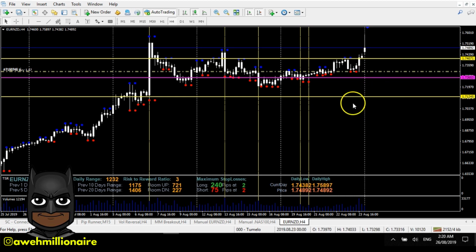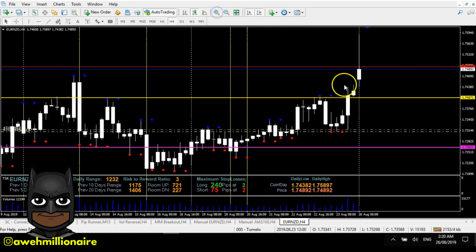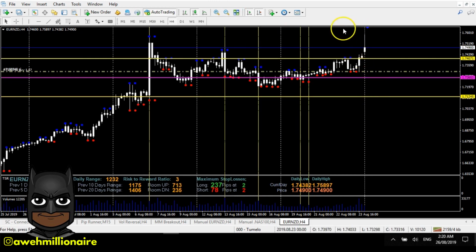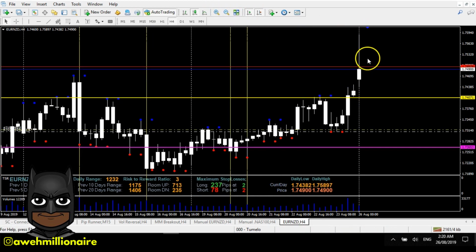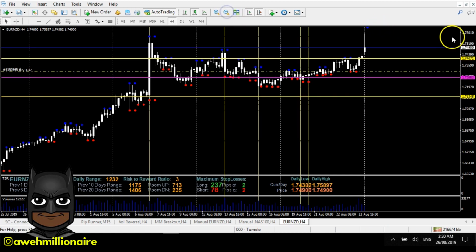As you can see here, the trend is still continuing to go up, and price has blasted through that zone. So now my stop loss is at break even. We're already in profit, and now we're just going to ride this trade and see how far it goes.